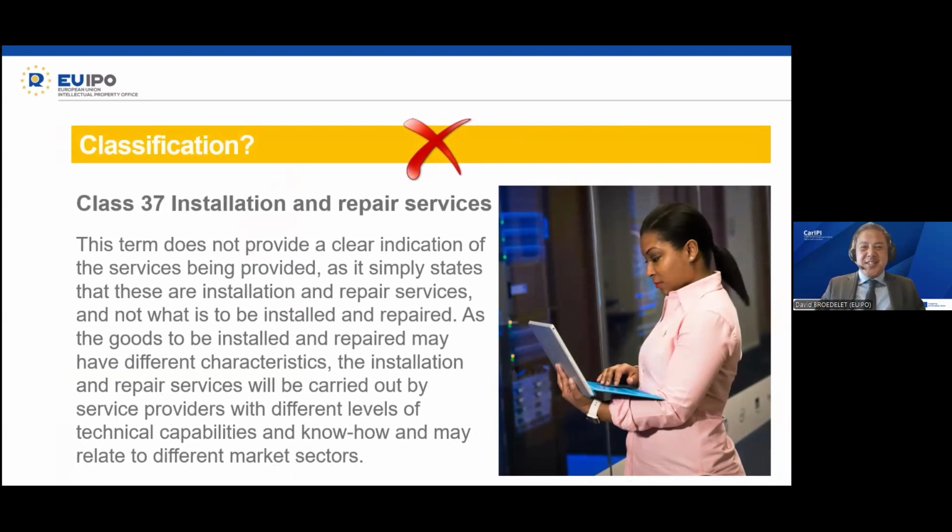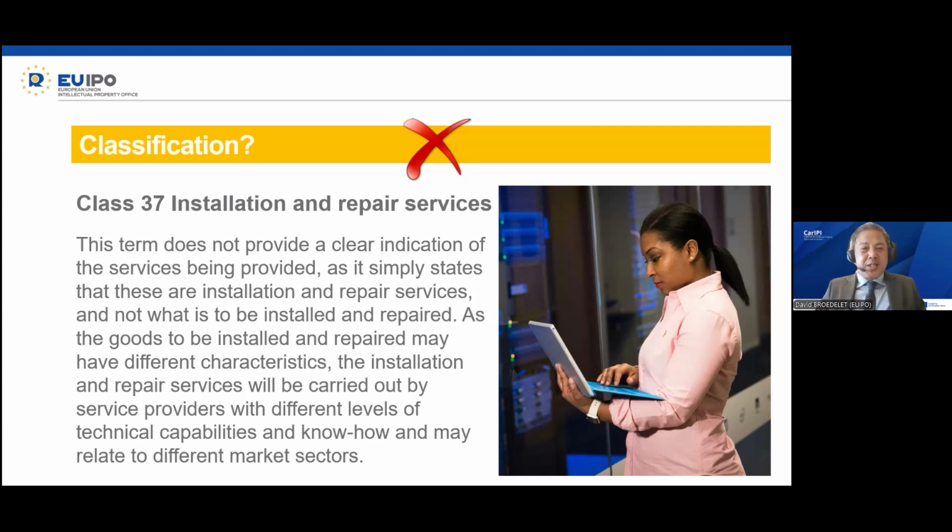And indeed, the correct reply was no, this is not clear enough. Because installation and repair services only says that these are installation and repair services. It doesn't really say what is installed or repaired. Then it means that it can be many different goods, right? And all those goods can have different characteristics.